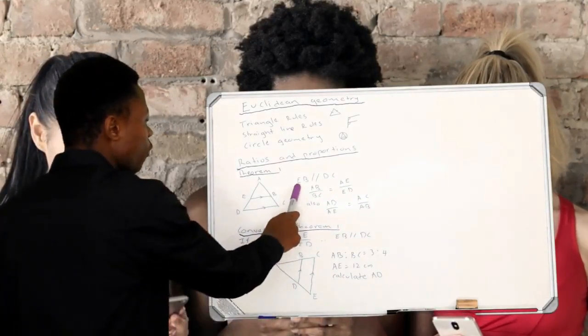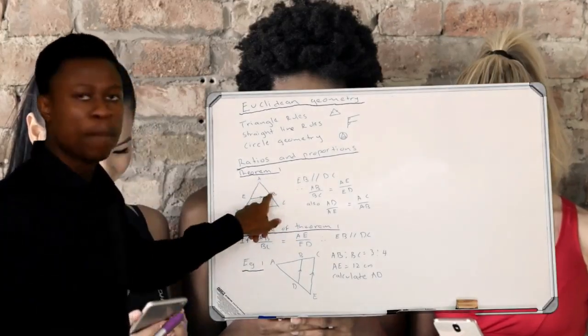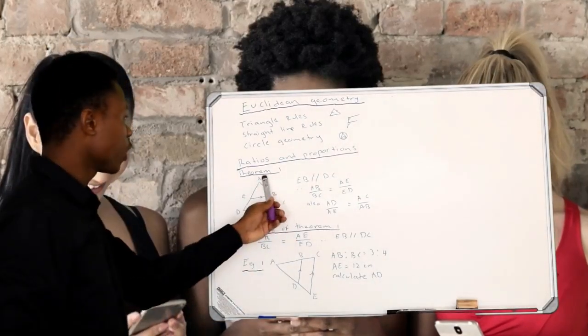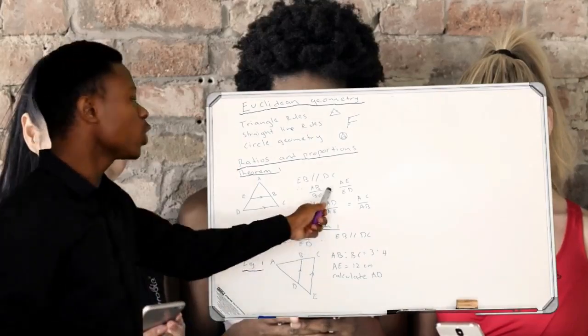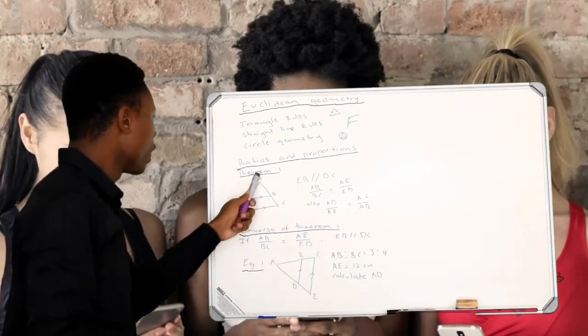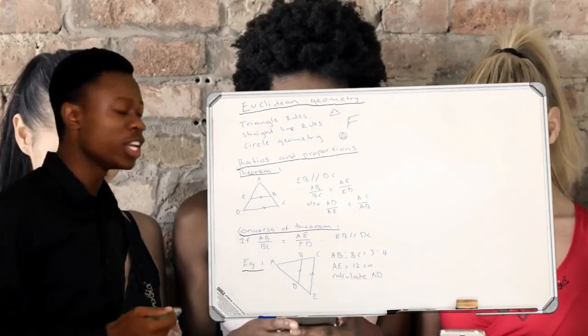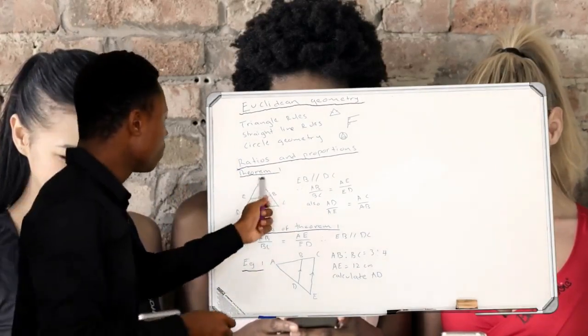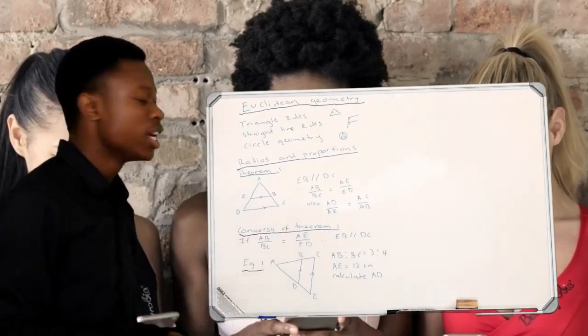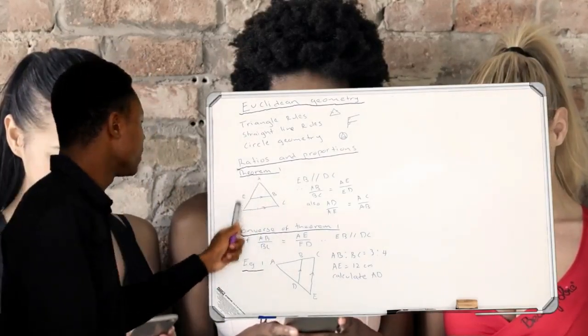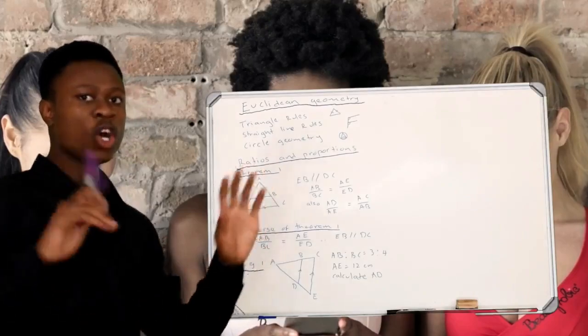So the proportion of AB divided by BC is equal to the proportion of AE and ED. And if you look at that carefully, I can't say AB divided by BC is equal to AD divided by AE. Those are not the same.